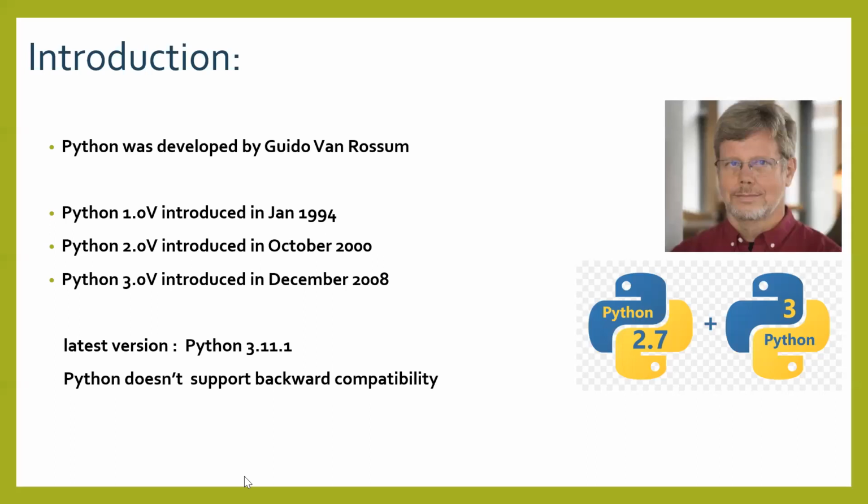He is the one who created the Python programming language, Guido van Rossum, and these are the versions introduced. As I said, programs written in Python 3 will not be supported by Python 2, and programs written in Python 2 will not be supported by Python 3. An example is simply the print statement. If I write print hello, this is supported by Python 3.0.